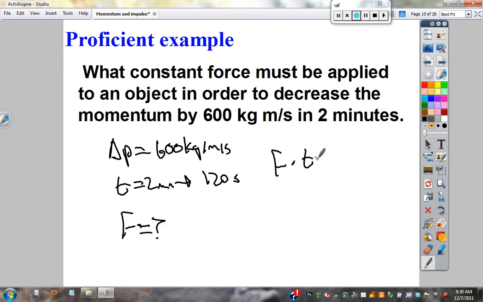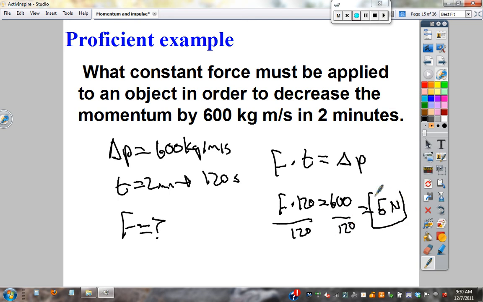Force times time equals change in momentum. Force times 120 equals 600. And then you solve for force. 5 newtons.